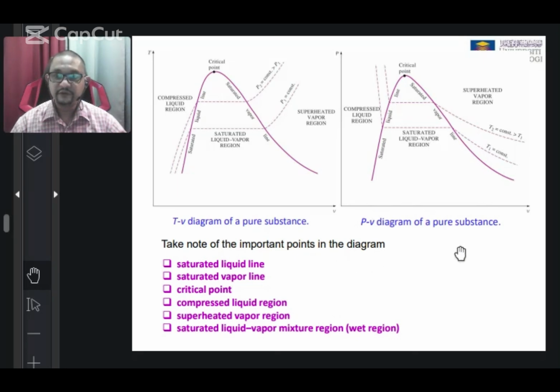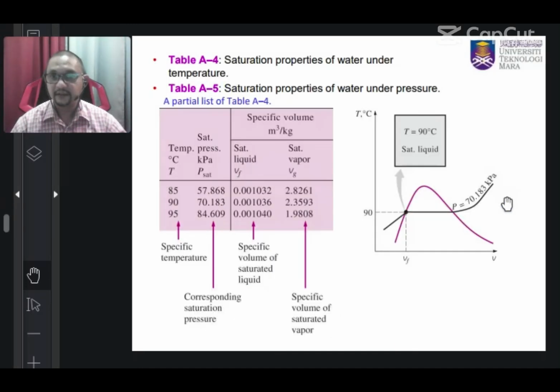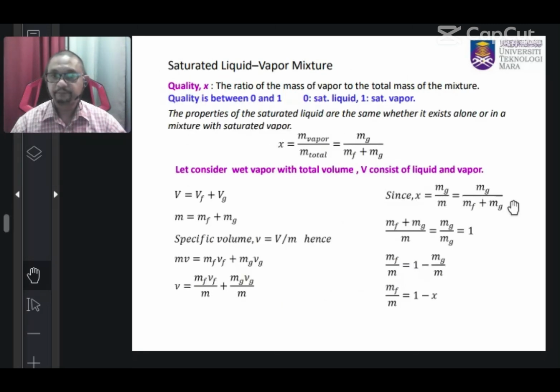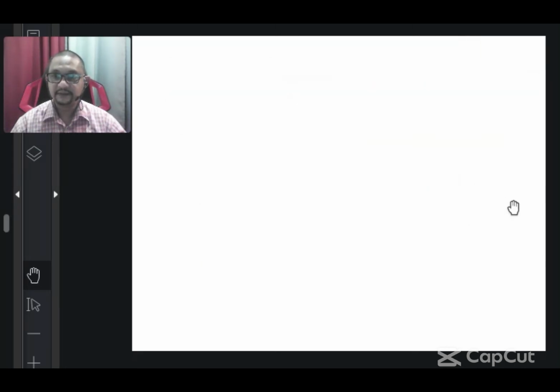So you have to know the saturated line, the critical point, etc. So please read your properties tables and your notes in thermodynamics again. This is how you calculate the quality or fractions. What is quality?